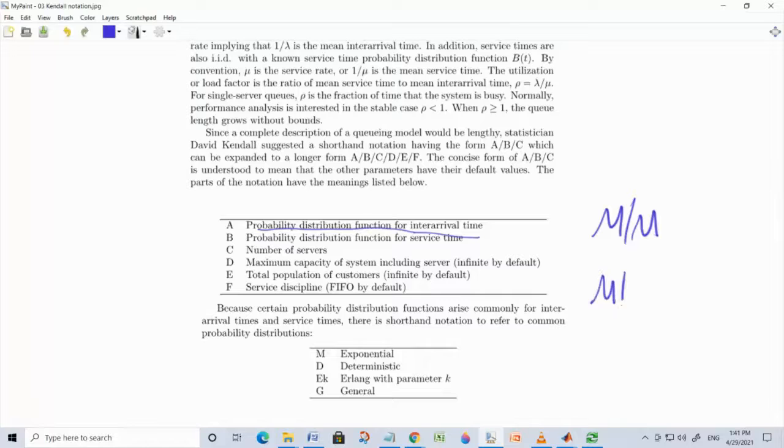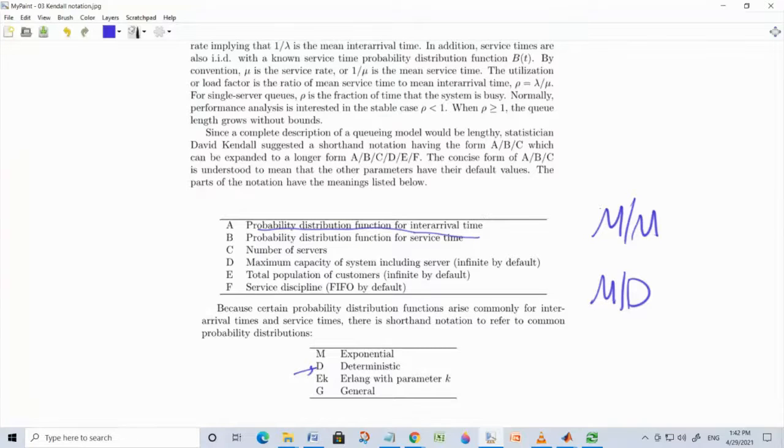But you can have something else, like D. D is deterministic, which means fixed. Here the random variable describing the service time is a degenerate random variable. Suppose that in a network the time needed to serve a packet is just fixed. Degenerate random variables are allowed here. And you can use deterministic for the arrivals too. No one is preventing you from doing this.